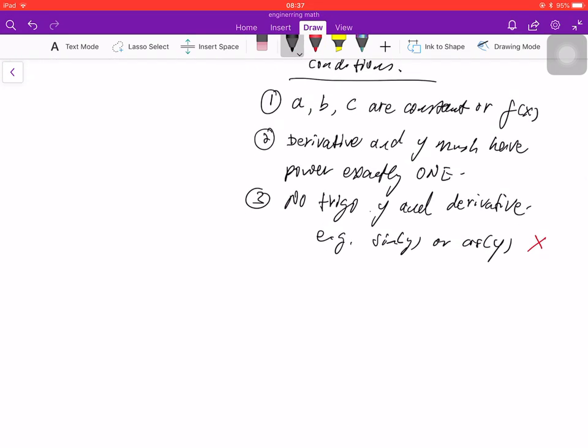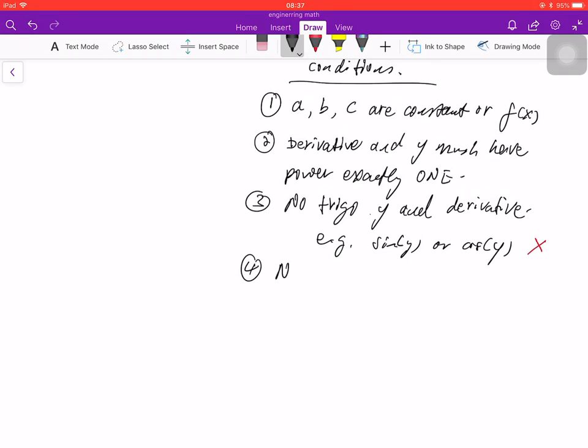Now condition 4, no product between y and the derivative.